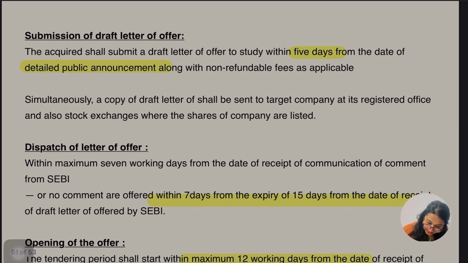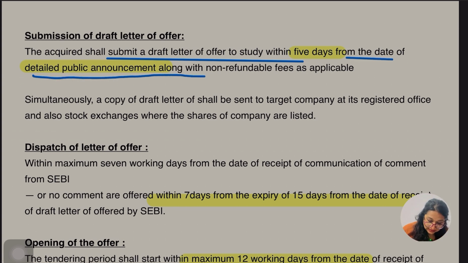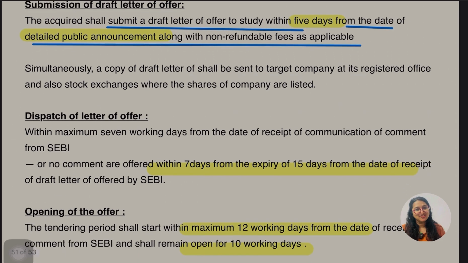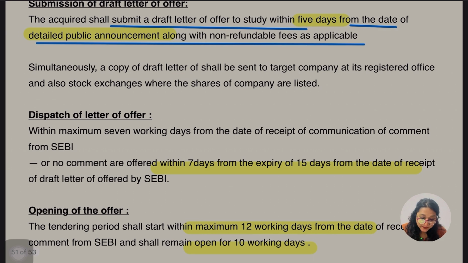The acquirer shall submit a draft letter of offer to SEBI within 5 days from the date of the public announcement, along with the non-refundable fees as applicable. Is this much understood? Yes. Next, simultaneously a copy of the draft letter of offer shall be sent to the target company also.